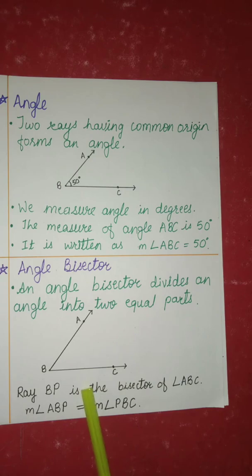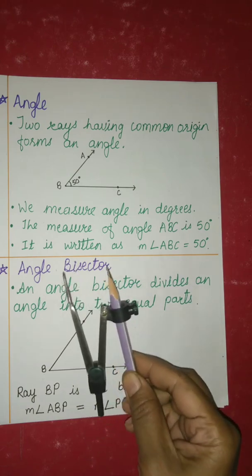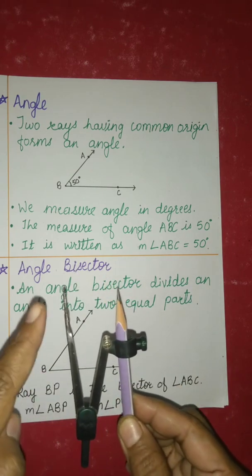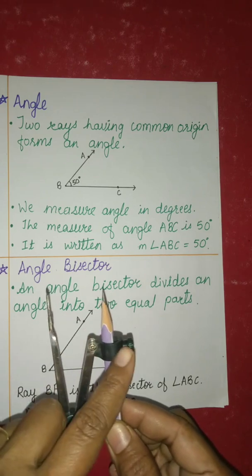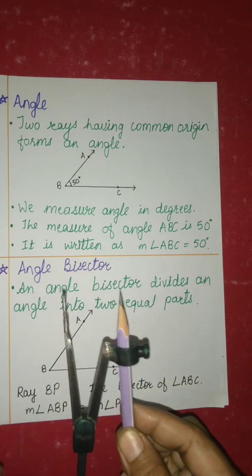Now we will see the construction of the angle bisector. For that, I made an angle ABC of measure 50 degrees. Now, for constructing the angle bisector, we will use a compass. Everyone knows a compass has one needle end, and on the other end we put a pencil.